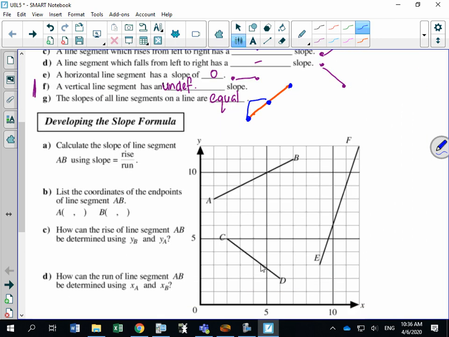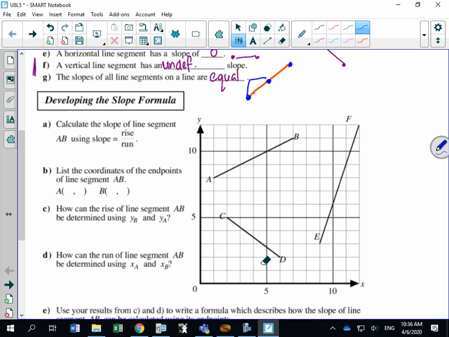Let's do one example from here. I'm going to show you how we would have done this in the last lesson, which would be slope is equal to rise over run. And then I'm going to give you the slope formula. If I said, calculate the slope of line segment AB for me, you would say, the slope, and then tell me what line segment you're dealing with.